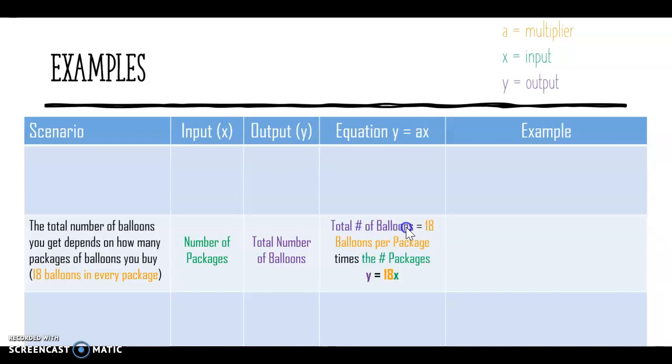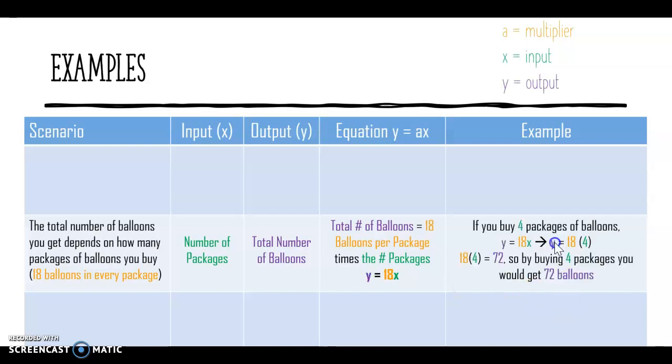So we can solve for the total number of balloons we would get by having that 18 balloons per package times the number of packages we buy. So our equation would be y equals 18x. So if you buy 1 package of balloons, you're going to get 18 balloons. If you buy 2 packages of balloons, you're going to get 2 times 18, which is 36 balloons. Here's another example.